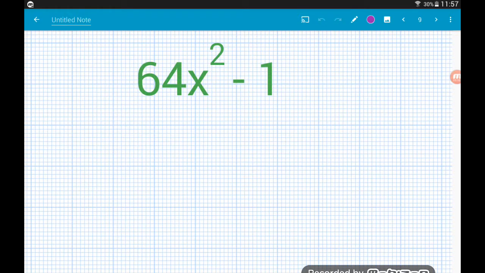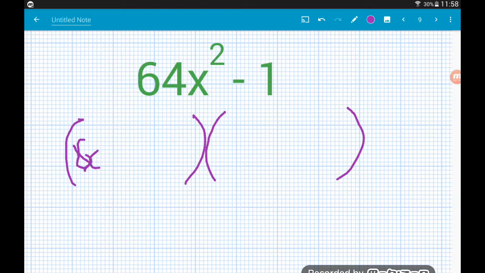Okay, 64x squared minus 1. Remember, if you want to have a go at any of these first, pause the video. So the square root of 64x squared is 8x. Plus and minus, and then the square root of 1 is 1. Happy days.